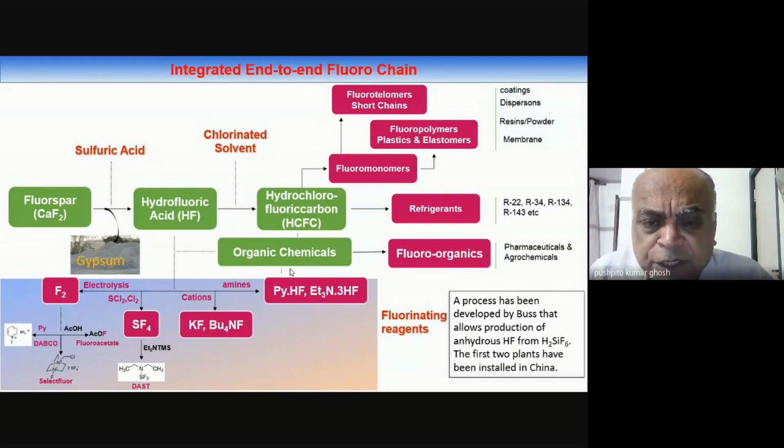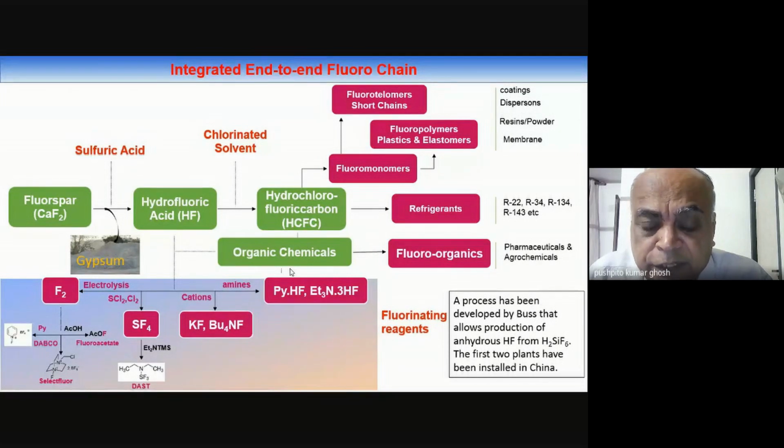The other application used to be for fluoridation of water. Drinking water earlier used to be fluoridated because you need a minimum amount of fluorine in the water for our body, for healthy gums and things like that. So it used to be a standard practice to fluorinate the water.